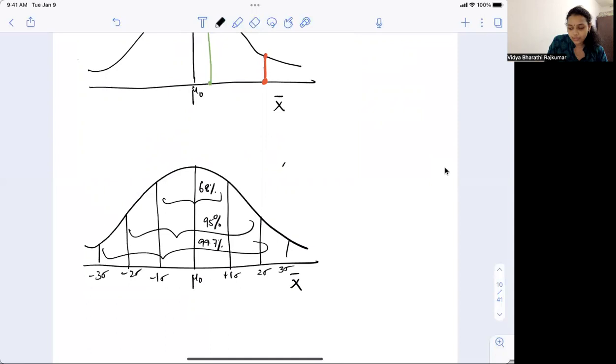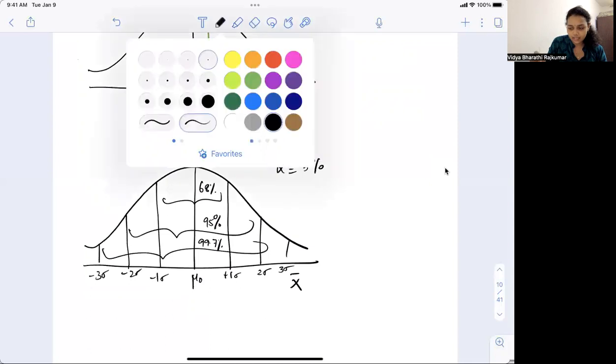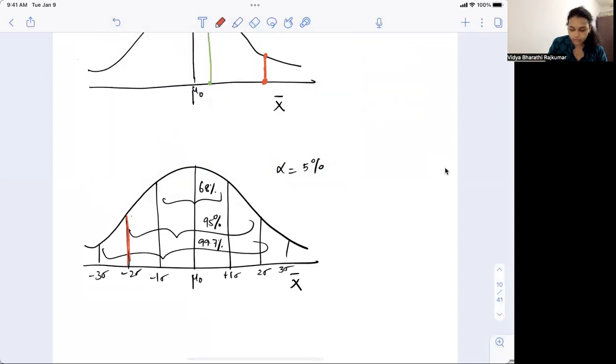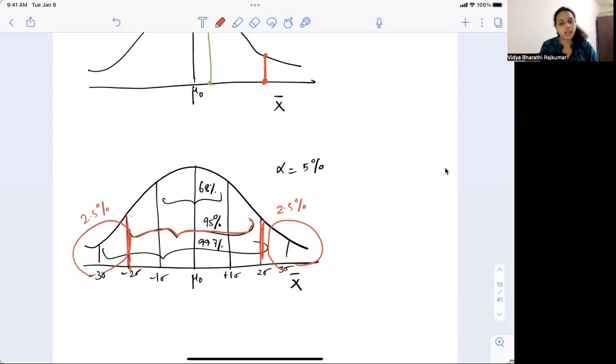Now, if I decide to set an alpha level of 5%, then I'm effectively saying that, I know that within two standard deviations from the mean, about 95% of the data is covered. So the rest of the 5% goes into the tails. So there's a 2.5% probability on this tail, and a 2.5% probability on the left tail.